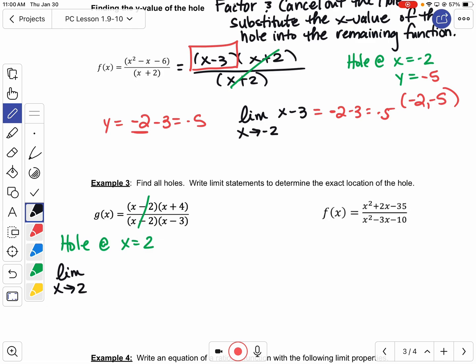What's left in my original function after we reduced? x plus 4 over x minus 3. And then all we're going to do is plug that 2 into what's left. It's the same math we were doing, just with that fancy limit. So 2 plus 4 over 2 minus 3 is going to give me my y value. It's going to be 6 over -1, or -6.